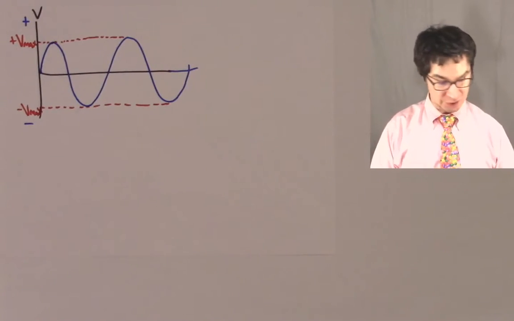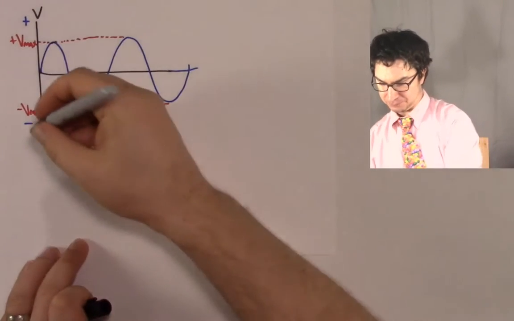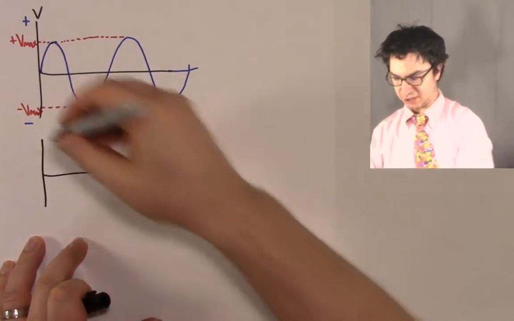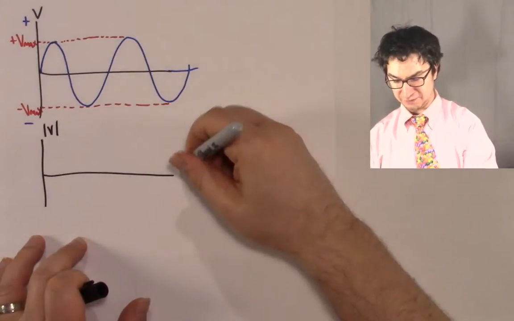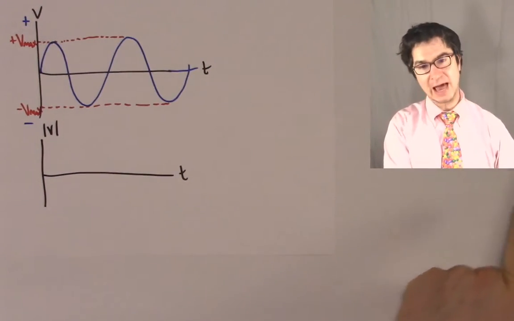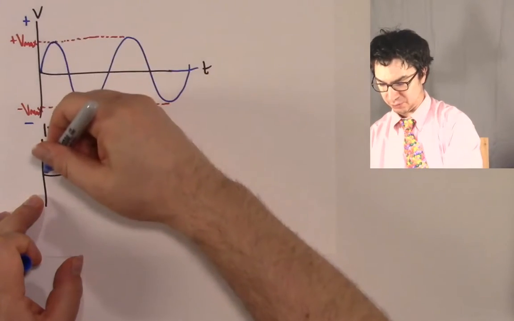So what we do is we look at the absolute value of these voltages. Check this out. I'm going to draw another graph like this where I represent the absolute value of the voltage, okay? And this is a function of time. If I represent the absolute value of the voltage, you're going to see that we start out with this positive voltage that we had before.